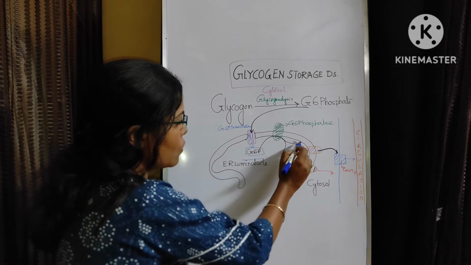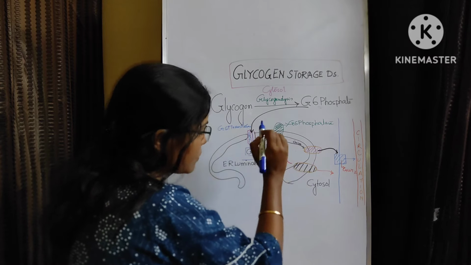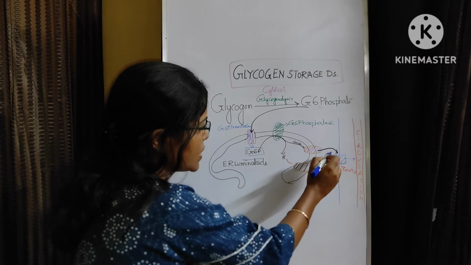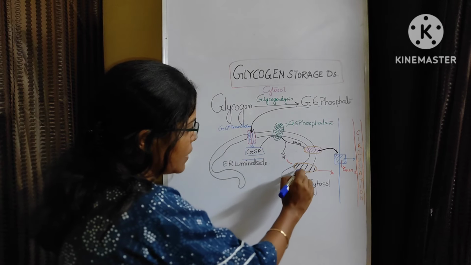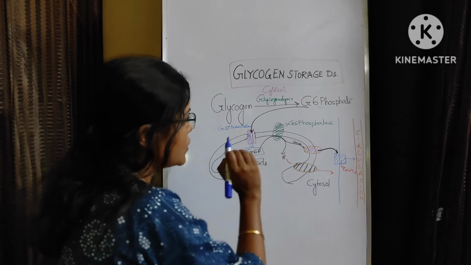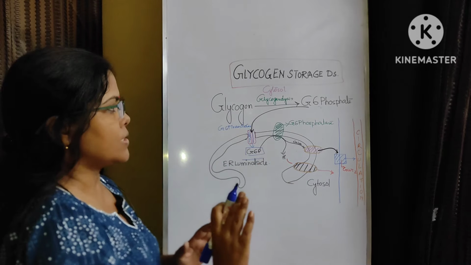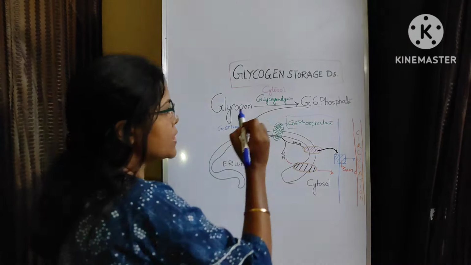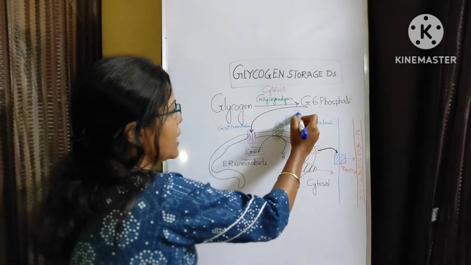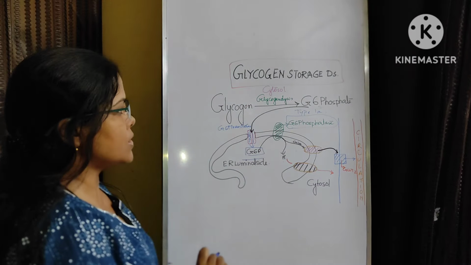Now this free glucose will again come away from the membrane of the endoplasmic reticulum into the cytosol, and this inorganic phosphate will be transported out via another transporter. Now there may be 3 defects. First one, where there is deficiency of glucose 6-phosphatase, that will lead to type 1A glycogen storage disorder.